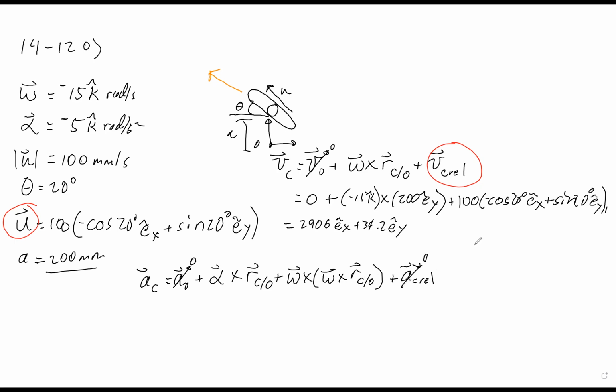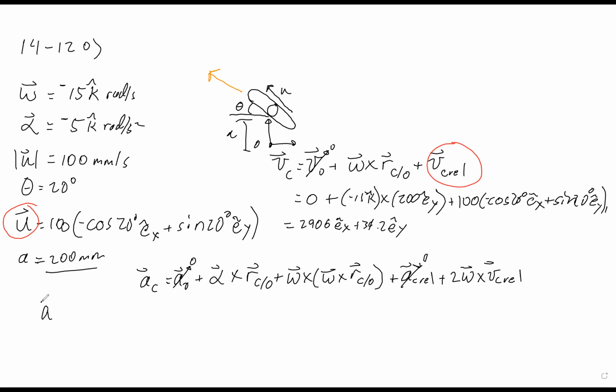Then we have the final term, plus 2 times the angular velocity crossed with the velocity of c relative to the rotating axis. So that is going to be a non-zero term as well. All right, so let's start filling in the values.